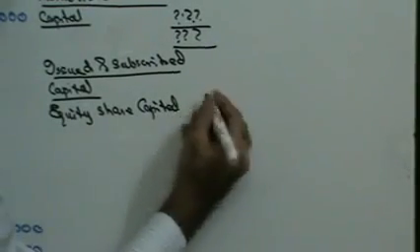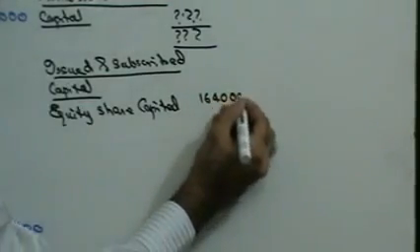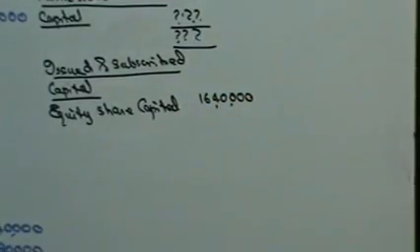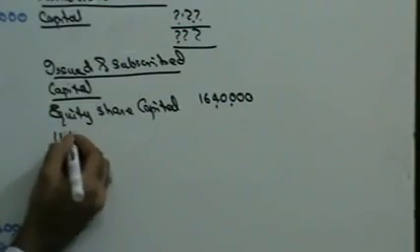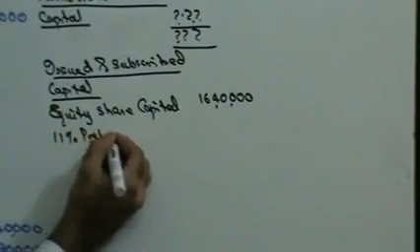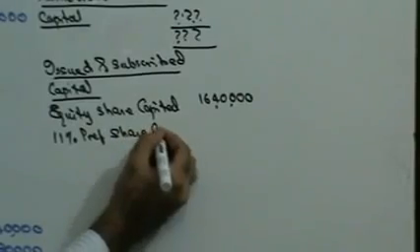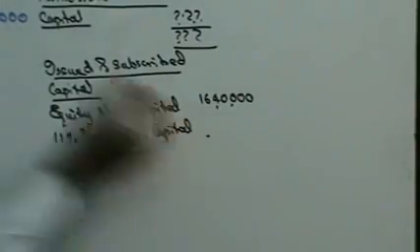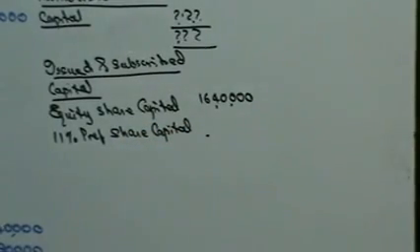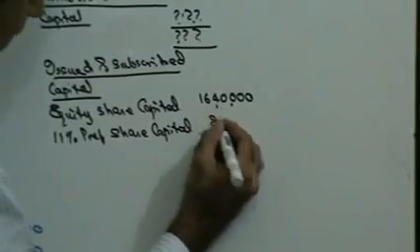Besides that, you issued another equity share capital of 6 lakh 40,000. So that will give you 16 lakh 40,000. Then you will have 11% preference share capital. Now 11% preference share capital, you had 4 lakhs. Besides that, you have issued another 4 lakhs. So that gives you 8 lakhs.